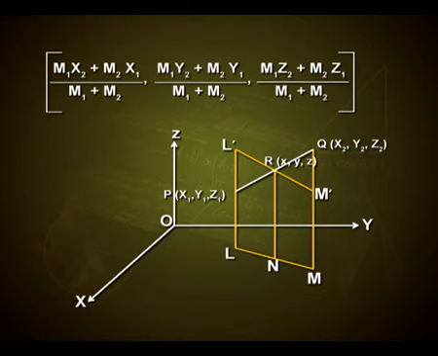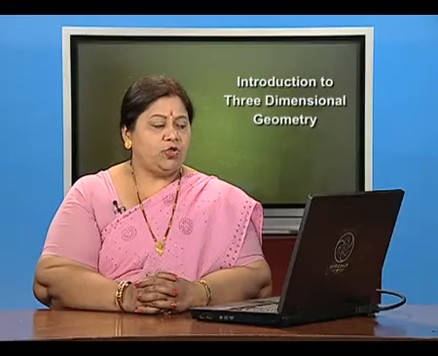We can see in the figure here, we have the x axis, y axis and z axis, and we can see the line PQ. P is given by the point (x1, y1, z1) and Q is (x2, y2, z2), and R is the point which is dividing PQ in the ratio m1 and m2, and its coordinates are given by (x, y, z). We have an important remark to make here.